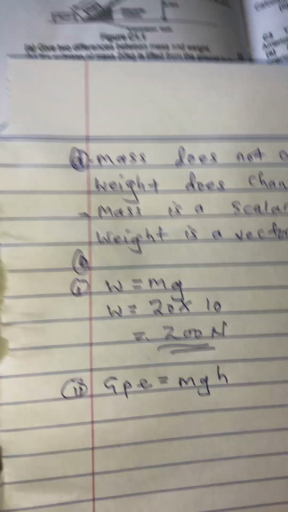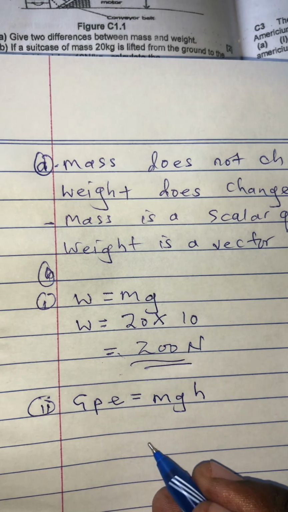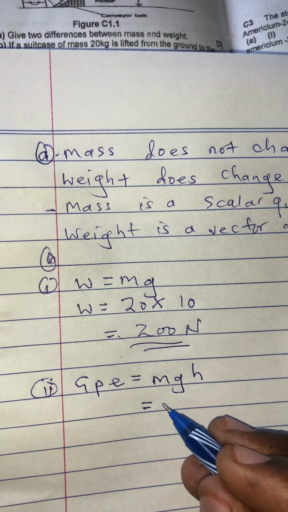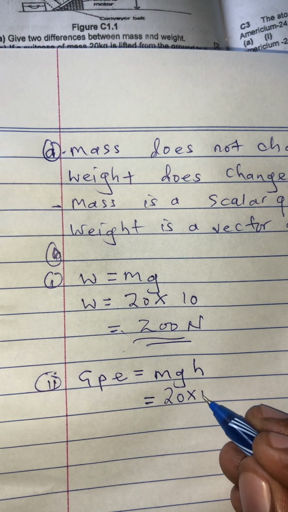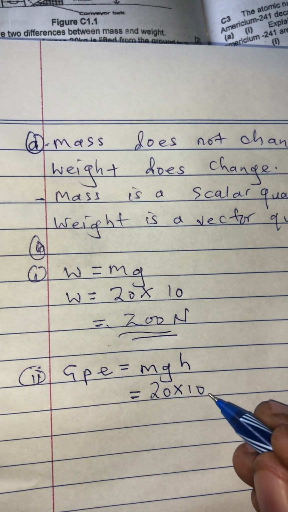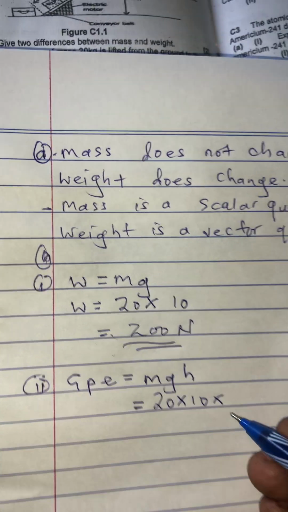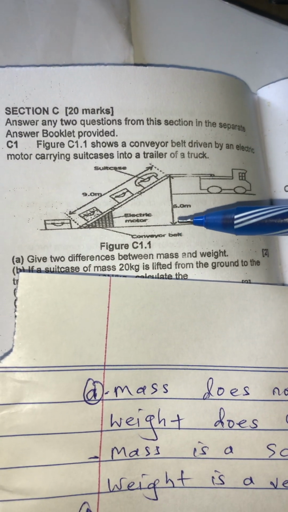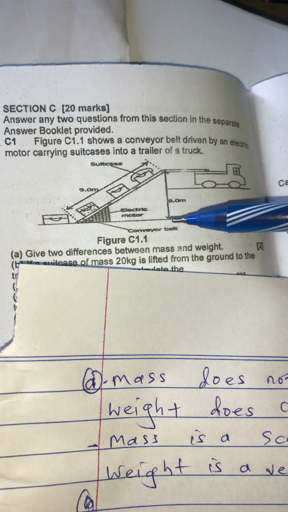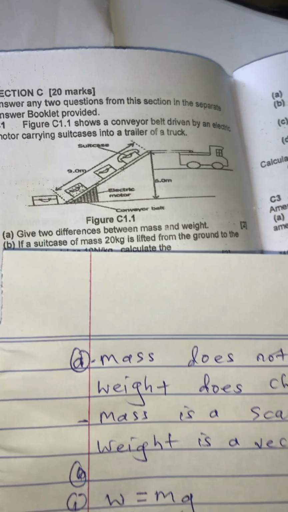That's the formula. Okay, what is m? M is the mass, which is 20. We already have the mass. What is g? G is the acceleration due to gravity. And h is the height. Where is the height? The height is here, from the ground to the top here. This is 6.